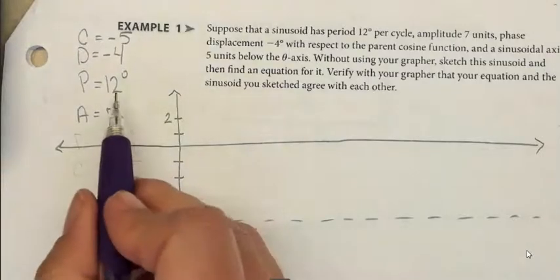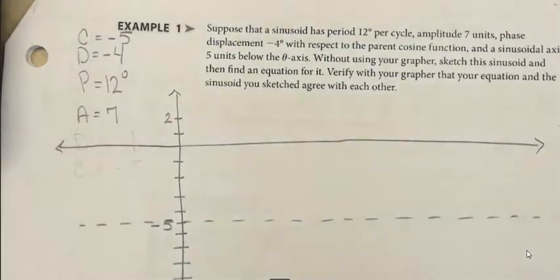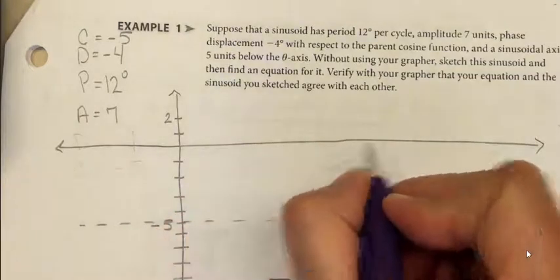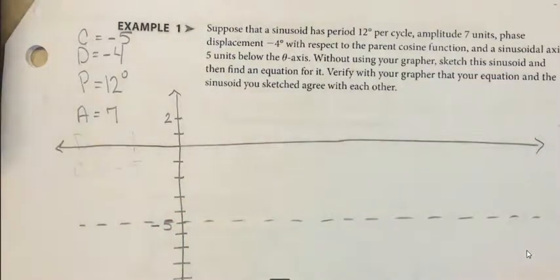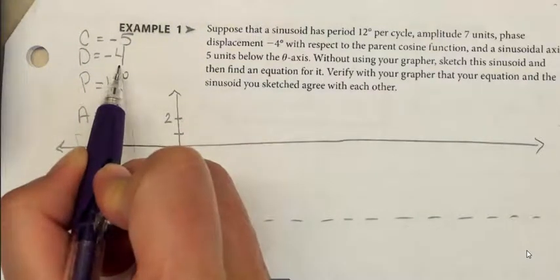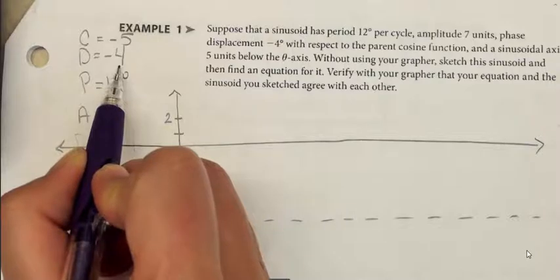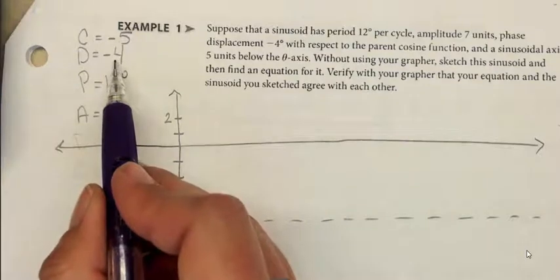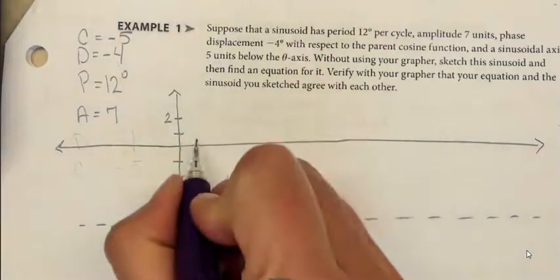Now, again, my period is 12, so I should divide that into quarters. So I know that I need to go 3, 6, 9, 12. However, I'm going to be moving backwards, or to the left, 4 degrees. So I just need to make sure that I realize where my quarters are, but I'm still going to go ahead and label everything. I think I'll go by ones.